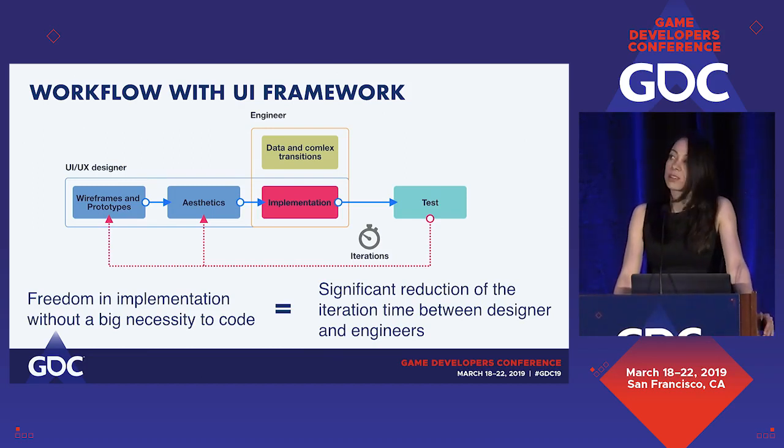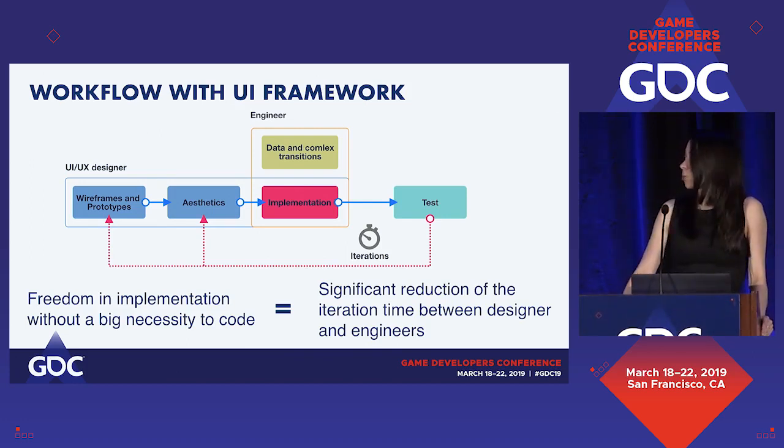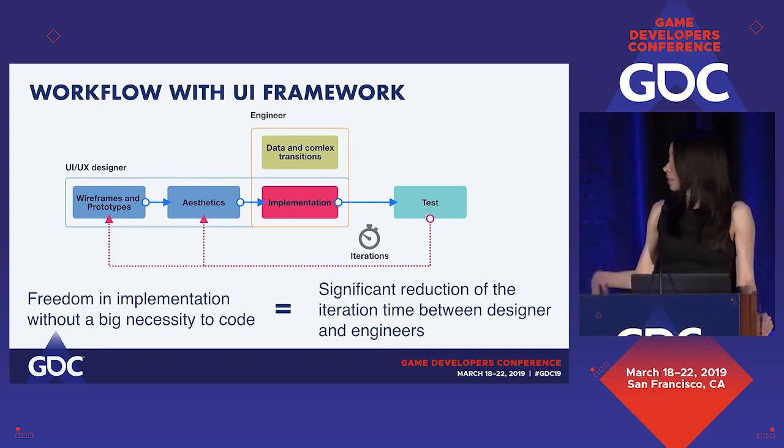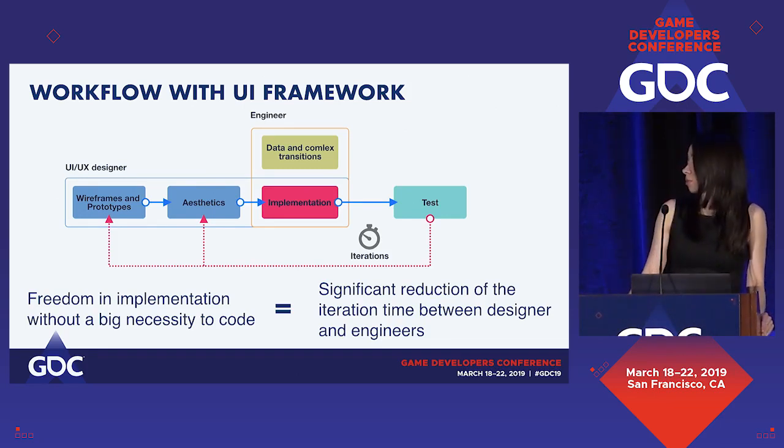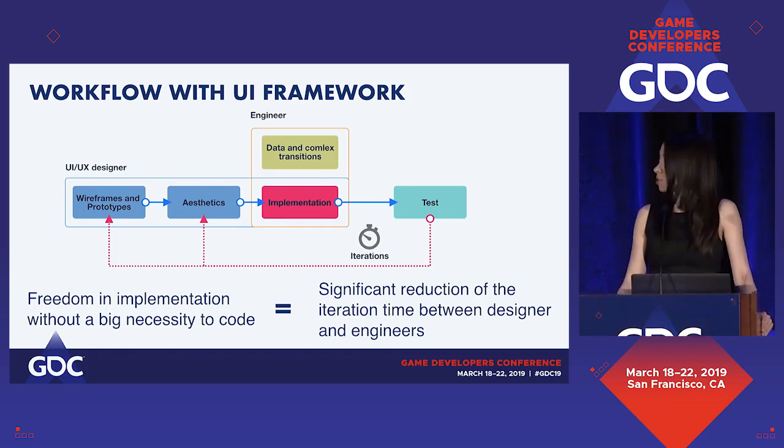They use help from engineers right now only to create complex transitions or when they need to work with data. But we are also working on some solutions where designers can start to work with data. And it's much easier for them to start testing the aesthetics, and it happens much earlier in the process.